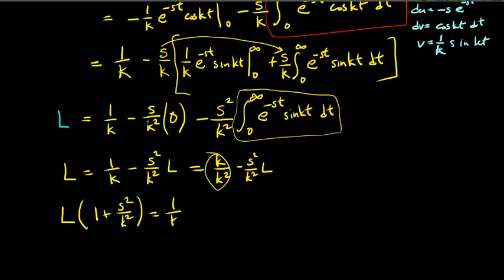Oops. We'll just leave it as 1 over k. Yep. I don't know why I was going to get a common denominator. We needed to add this term to both sides. So this is just 1 over k. I should have left this as 1 over k.